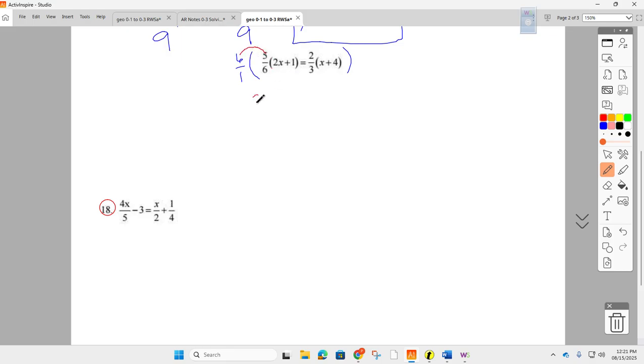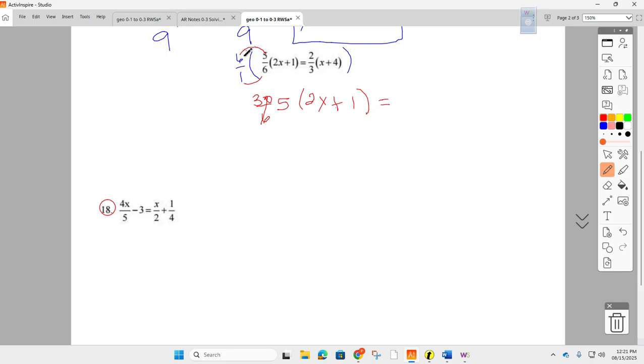That's going to be 30 over 6. And remember, the whole idea is to get rid of fractions. So 30 divided by 6, that's 5. We're on 16. And now we bring down the 2 times x plus 1 equals.